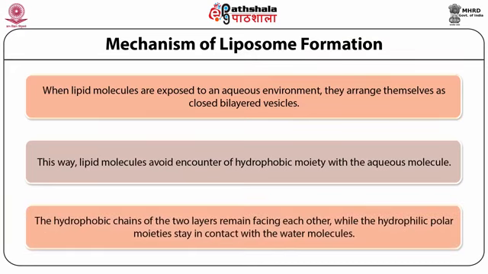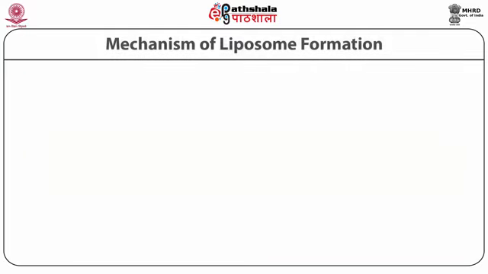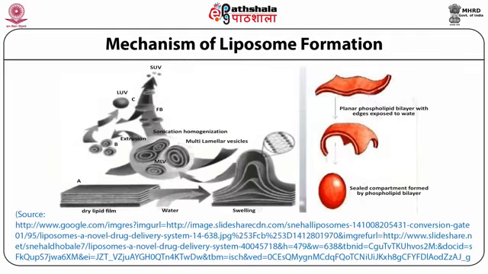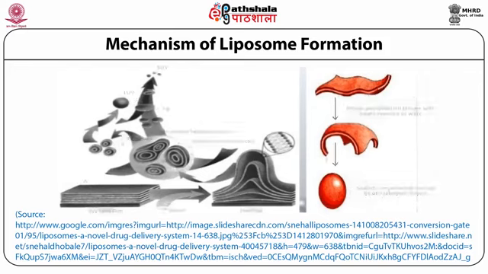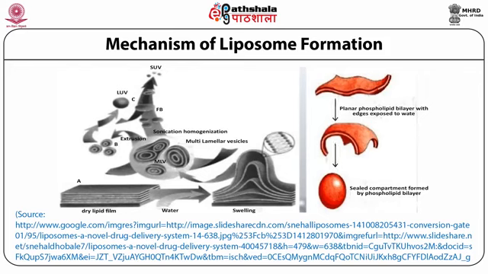The hydrophobic chains of the two layers remain facing each other, while the hydrophilic polar moieties stay in contact with water molecules. In this figure, we can clearly see the hydration of the lipid film. As we hydrate the lipid film, large multilamellar vesicles are formed.